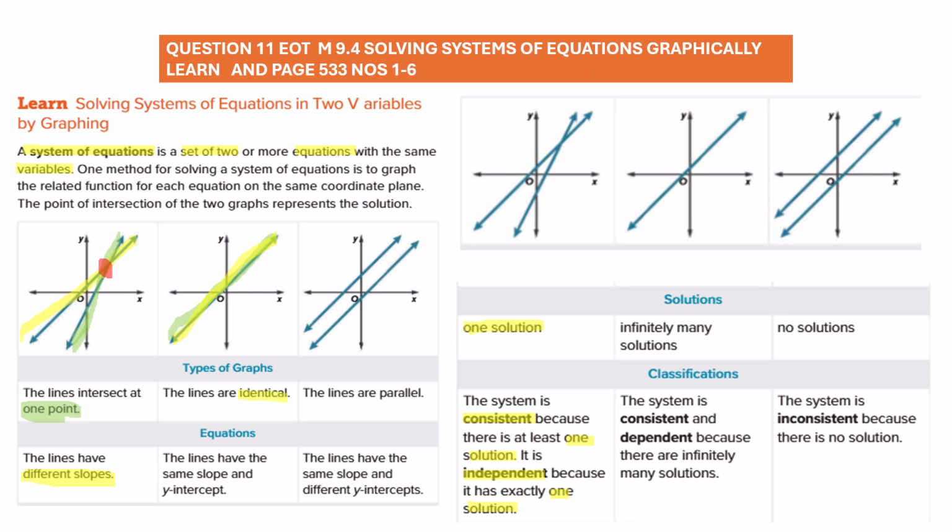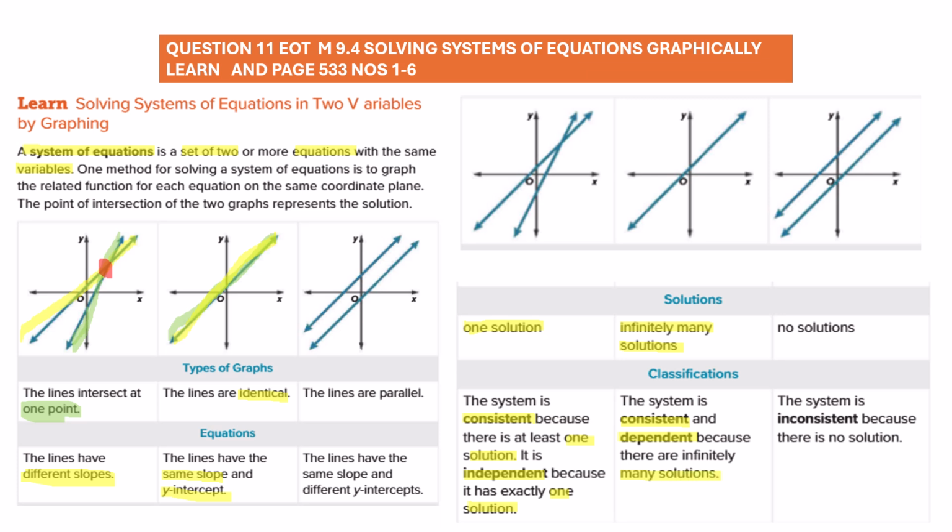They have the same slope and the same y-intercept. Therefore, there are infinitely many solutions. The system is consistent and dependent. Dependent because there are infinitely many solutions.